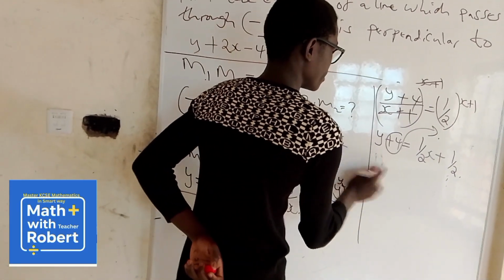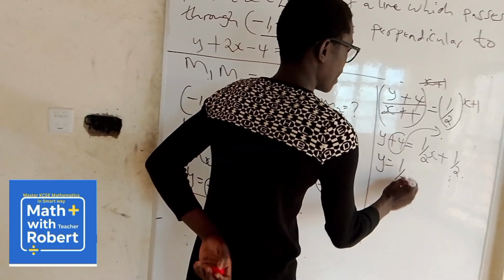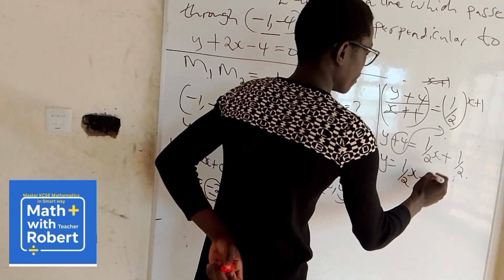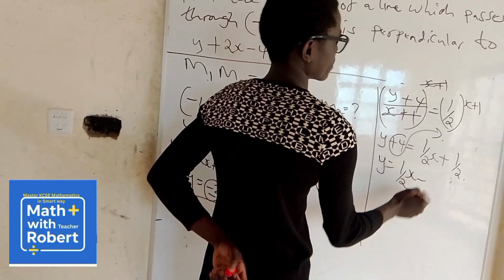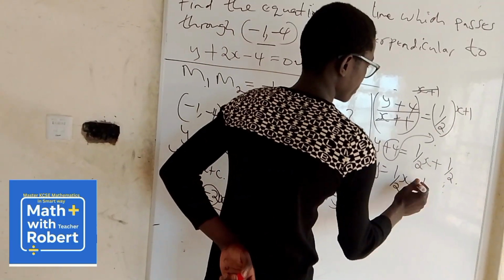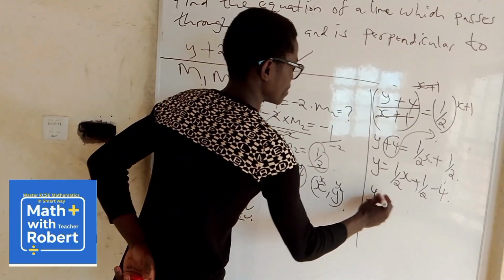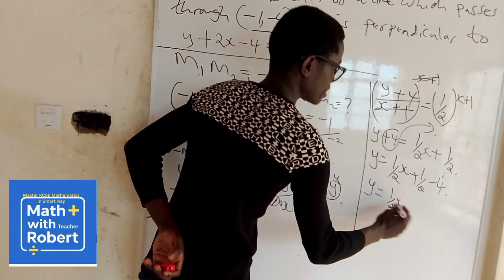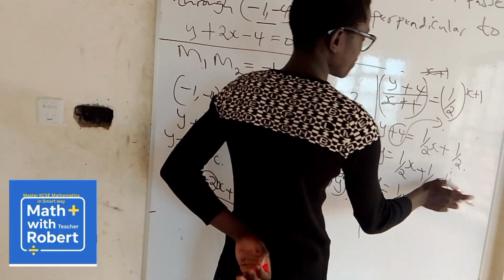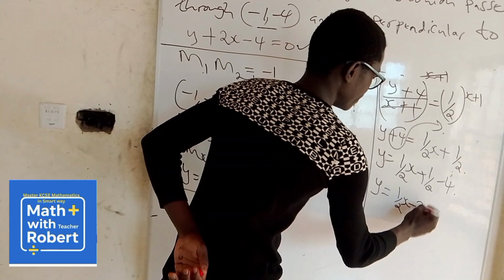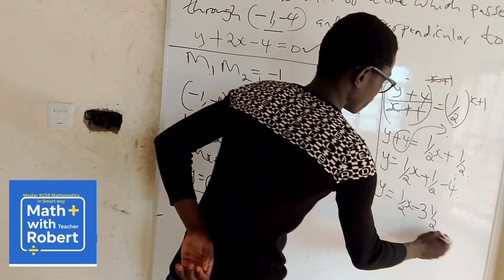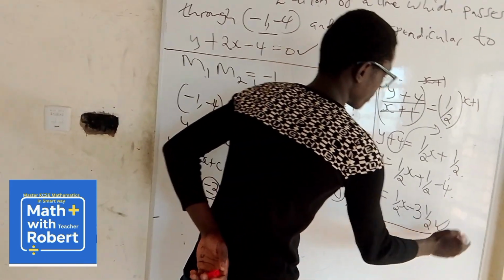So y is equal to a half x minus this plus a half minus 4. So y is equal to a half x. So a half minus 4, that is negative 3 and a half. So that is our equation.